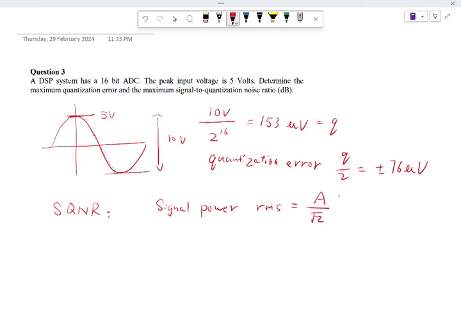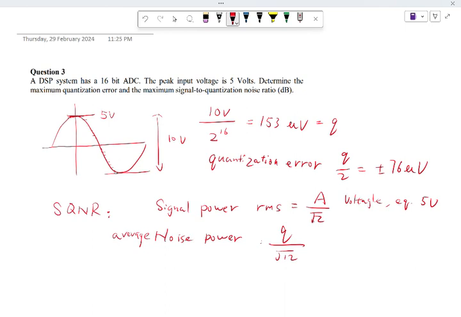A is just the voltage magnitude, for example 5 volts in this case. And the average noise power is Q, the quantization we just got, divided by root 12.